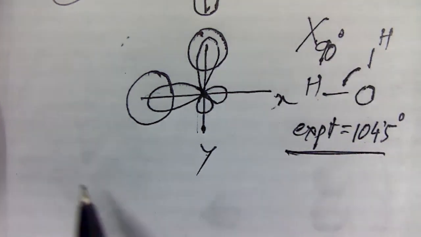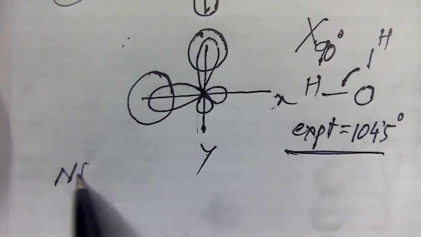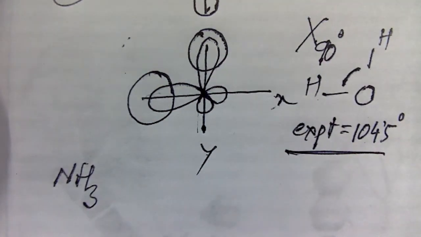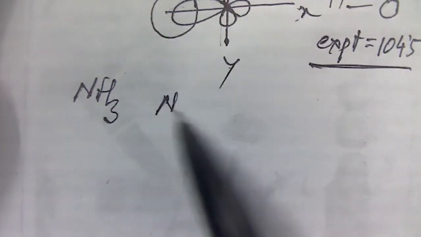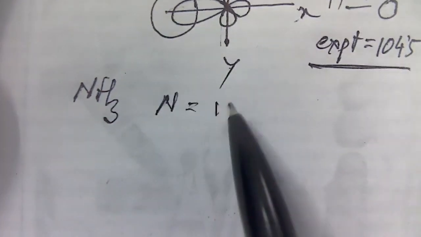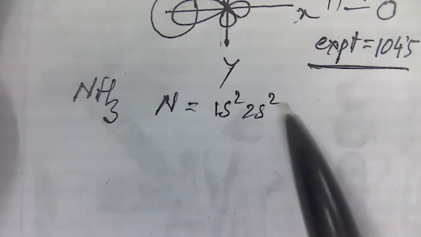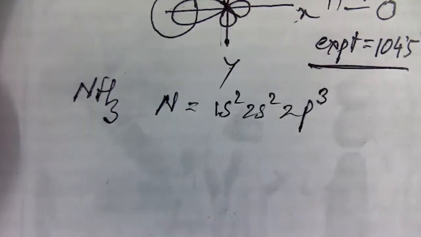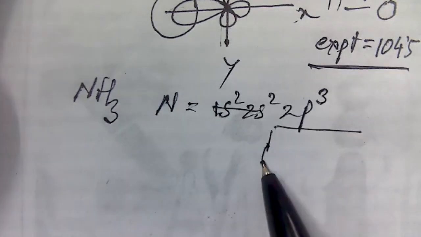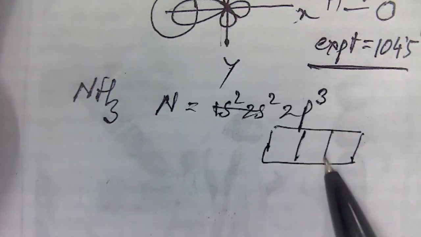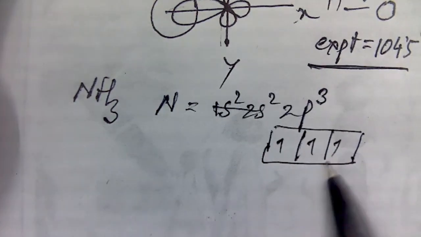The same thing happens when I take the ammonia molecule. If I take ammonia, now what do you have? Nitrogen is your main atom. So nitrogen is 1s2, 2s2, 2p3. These are filled up. P will have how many electrons? 1, 2, 3.